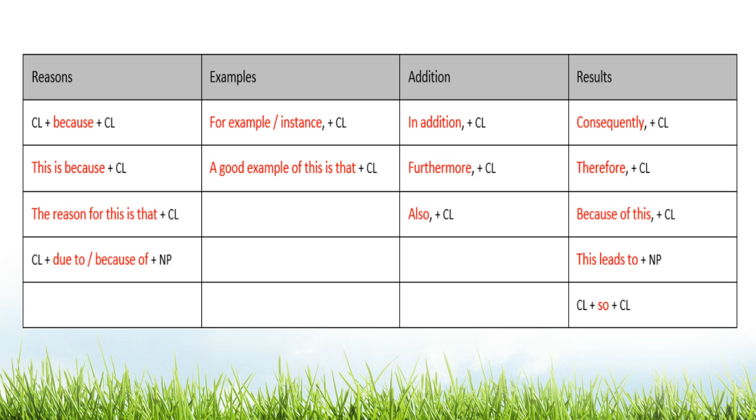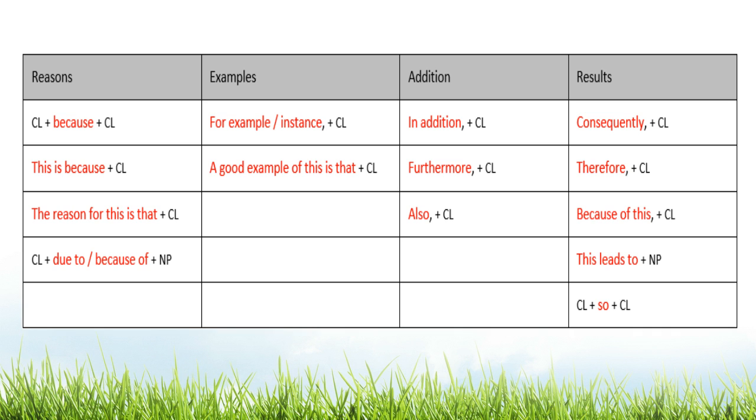And for results, you have consequently, therefore, because of this leads to, and so. There are of course so many more cohesive devices showing reasons, examples, addition, and results. However, the above list is sufficient for people targeting 7.0 or below.